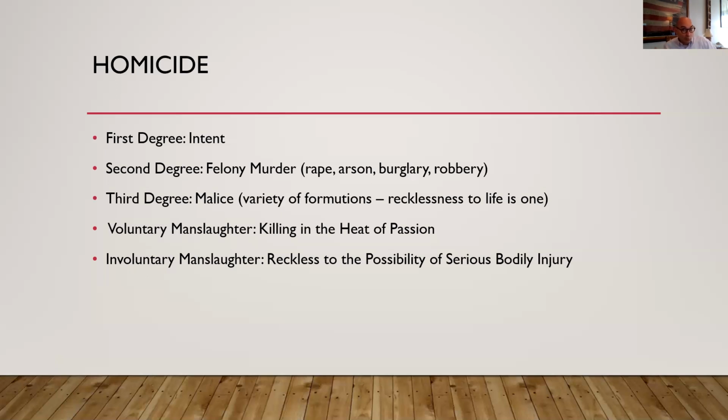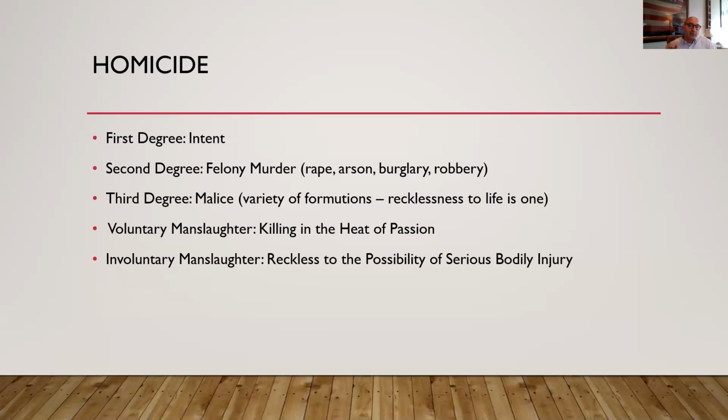Third-degree murder, this one won't be reversed in Chauvin's case. This is malice. A lot of states will describe this as second-degree murder. This is described in a number of formulations in statutes across the country. And in fact, the Pennsylvania cases we've looked at describe third-degree murder with a variety of different formulations: cold-blooded, depraved heart, depraved indifference, you'll see.